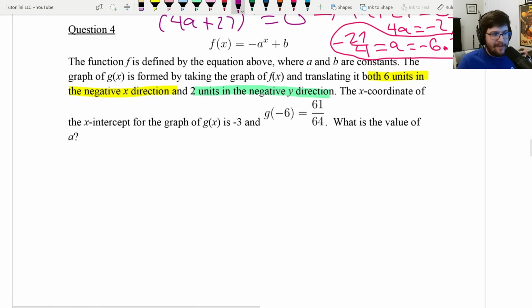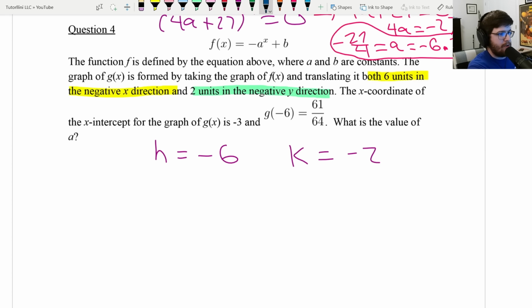So left, negative x direction, means h equals negative 6. And 2 units in the negative y direction, that's down. That means k, the vertical shift, is negative 2.